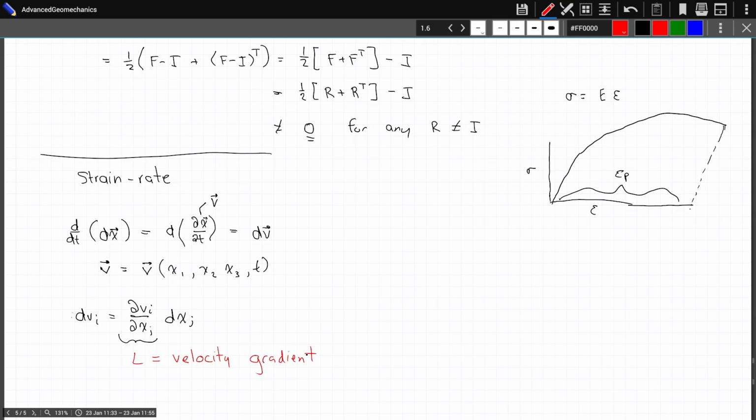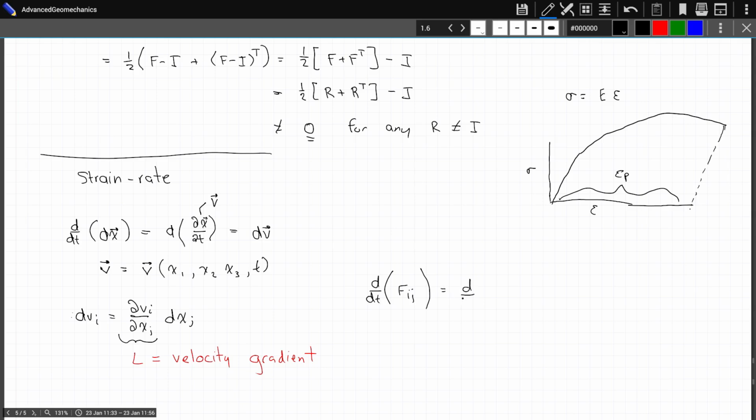Okay, so let's look at how we can come up with the velocity gradient in terms of things that we've already derived. Let's start by taking the time derivative of the deformation gradient, and we'll do it in index notation, F_ij.